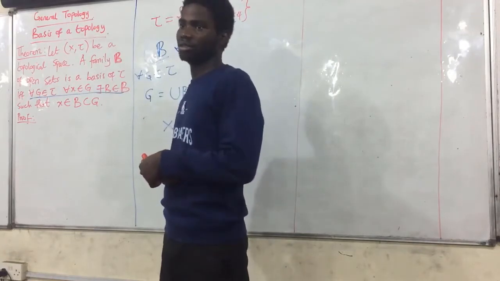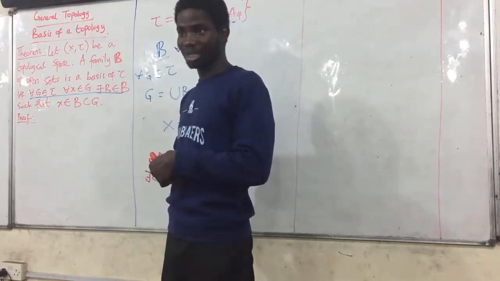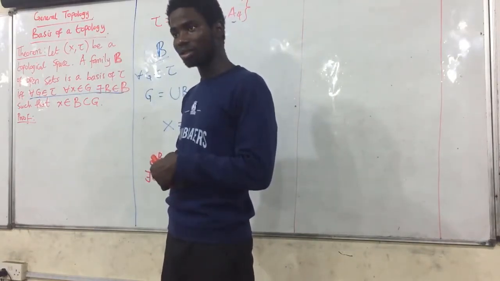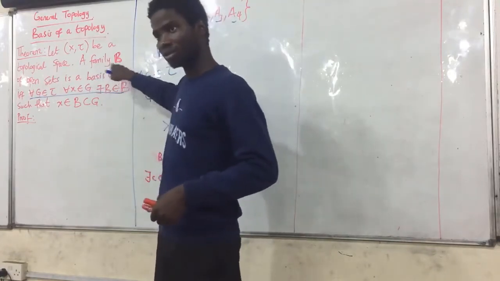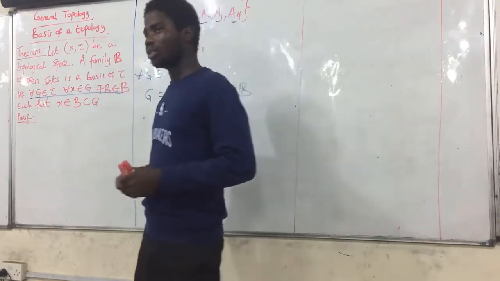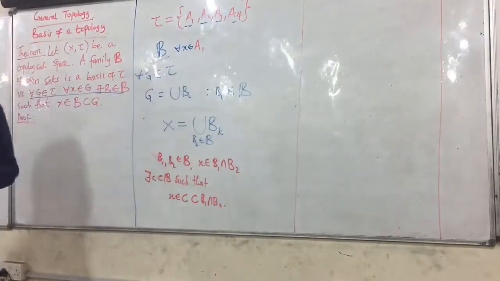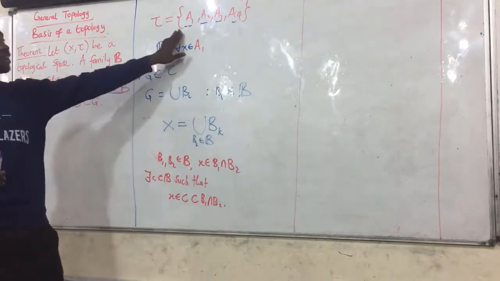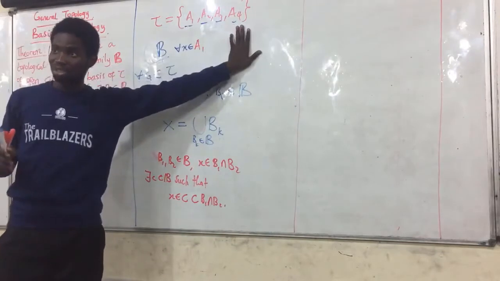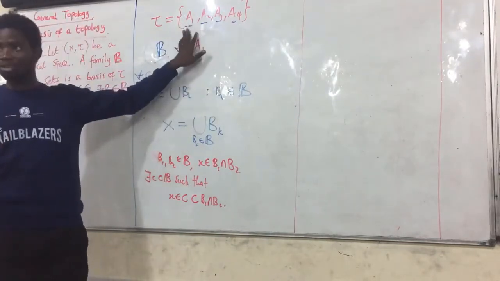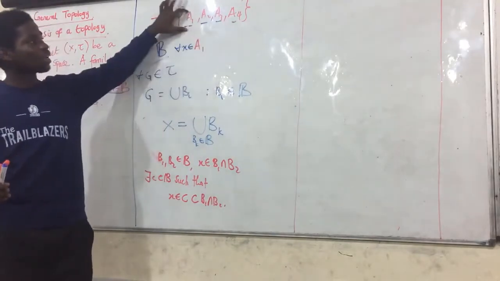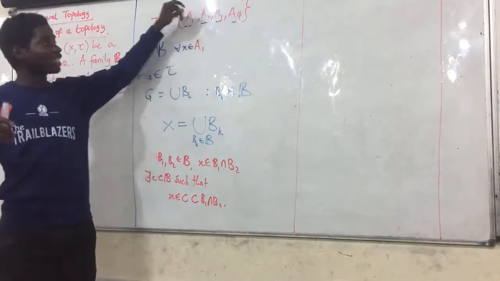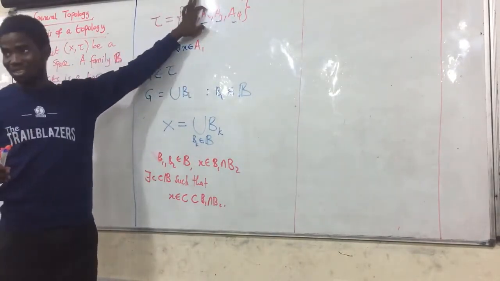Let me tell you what it means. Every element in this topology, how many elements do we have? A1, A2, A3, A4. Each of A1, A2, A3, A4 is also another set itself.